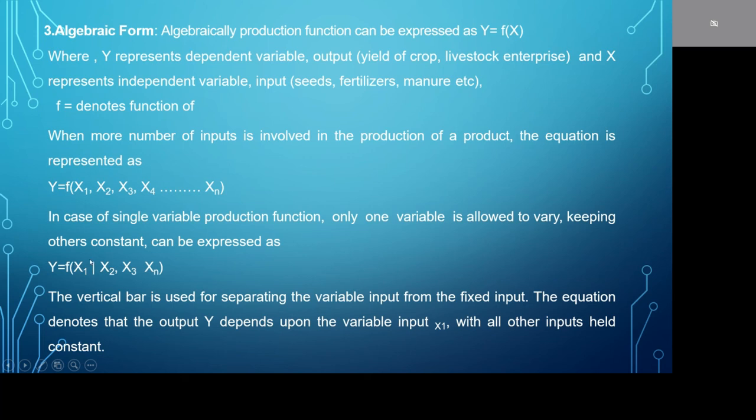Suppose one input is the variable and all others are held constant, then the production function is like this. The algebraic form of the production function is Y equal to f of x1 | x2, x3, ... xn. This is the variable, and all others are held constant, whereas the vertical bar separates the variable input from the constant inputs.